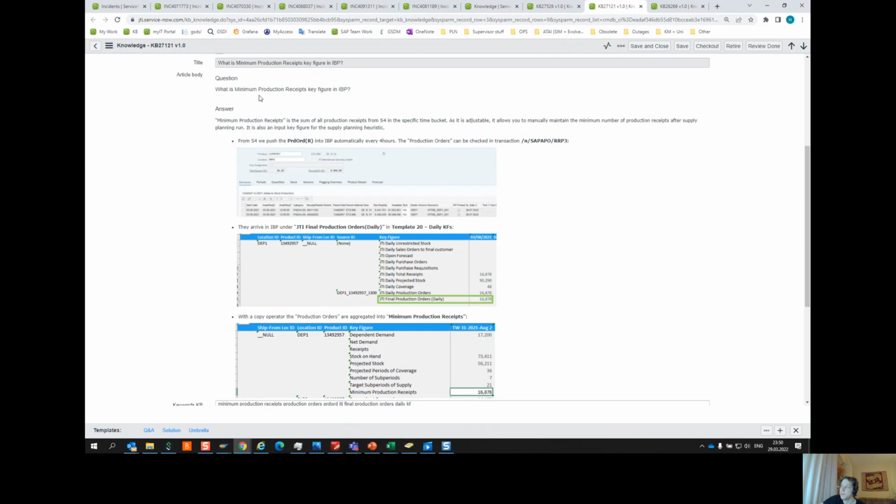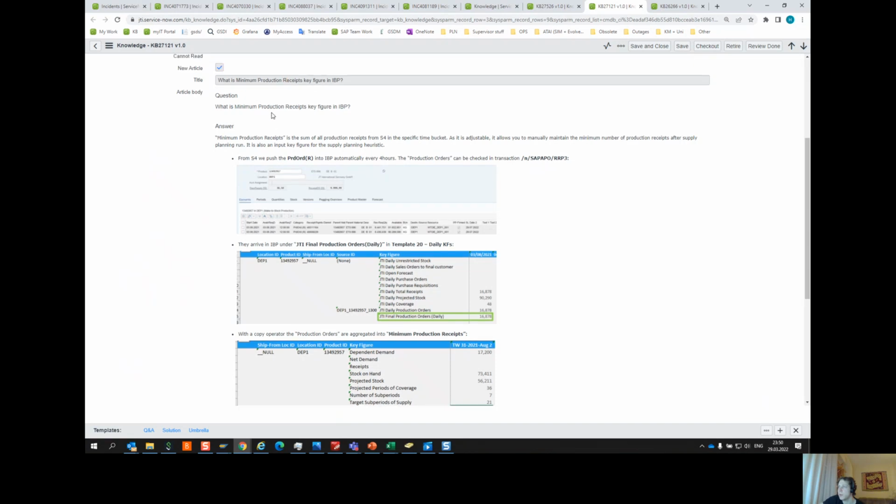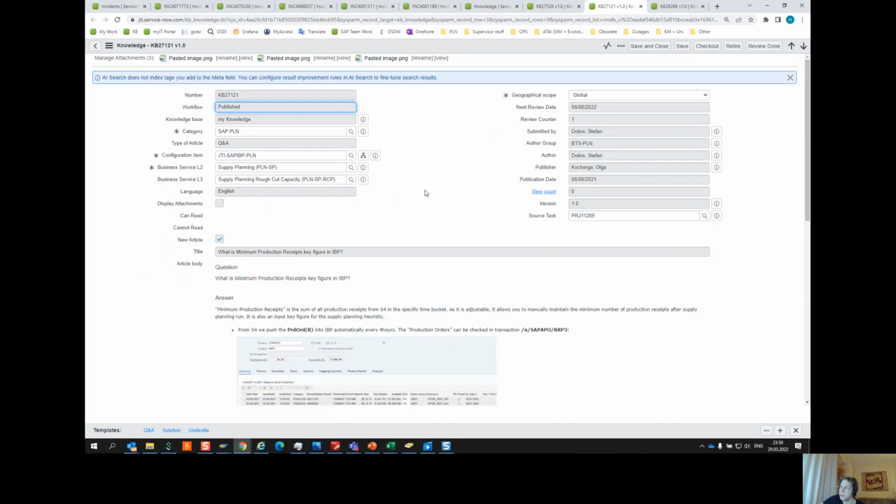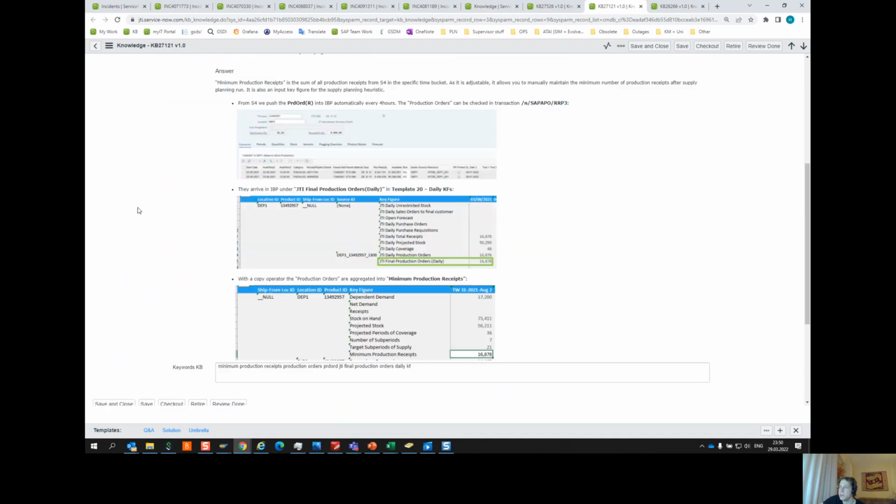But from the non-expert point of view, there are hundreds of key figures in IBP, well, at least dozens of them. And I'm not exactly sure why this particular key figure deserves a separate KB article, but it was written by Stefan from TSABP.